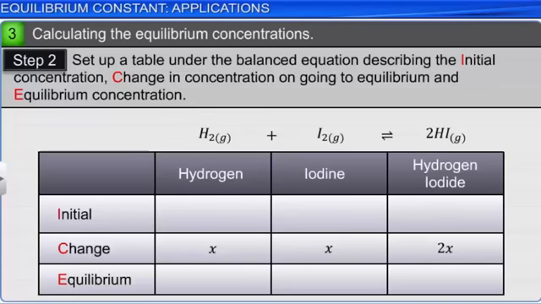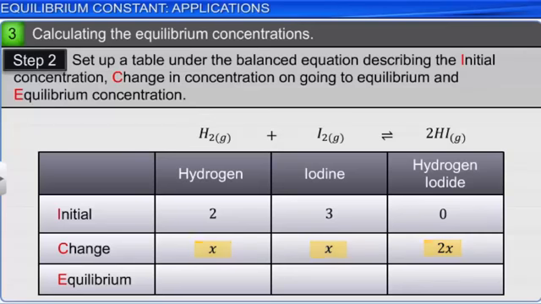The ICE chart for the given problem is: the initial concentrations of hydrogen and iodine in the reaction mixture are 2 moles and 3 moles respectively, while it is 0 for hydrogen iodide as it is not present at the beginning of the reaction. Let x moles of hydrogen and x moles of iodine combine to give 2x moles of hydrogen iodide, as shown in the balanced equation.